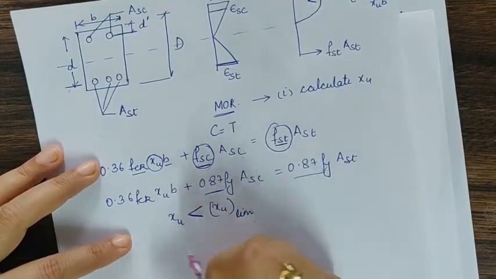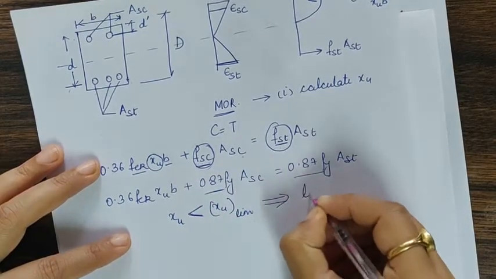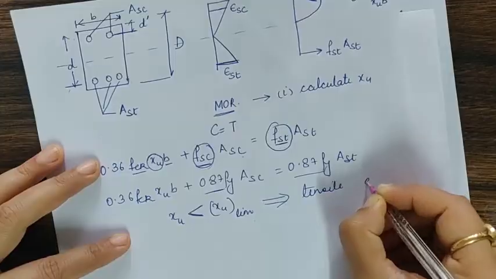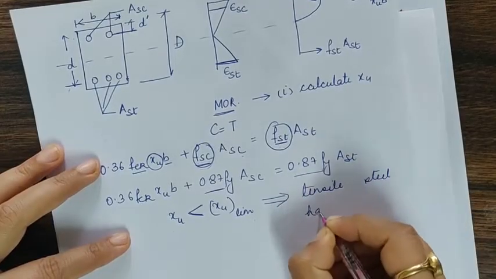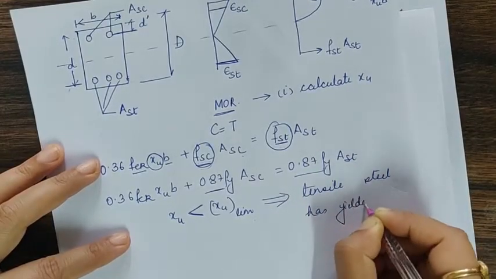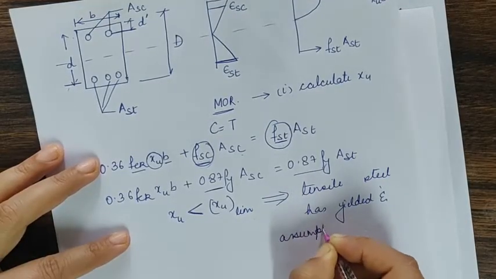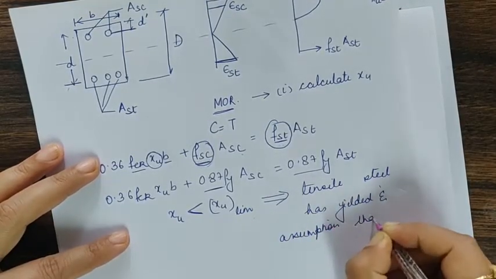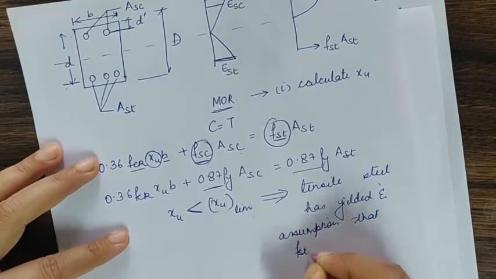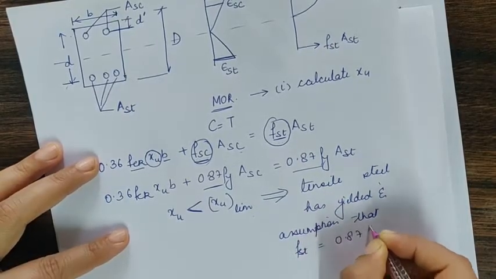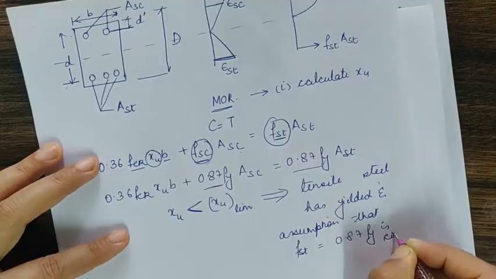So if this is less than that, it means tensile steel has yielded, and the assumption that FST is equal to 0.87 Fy is correct.